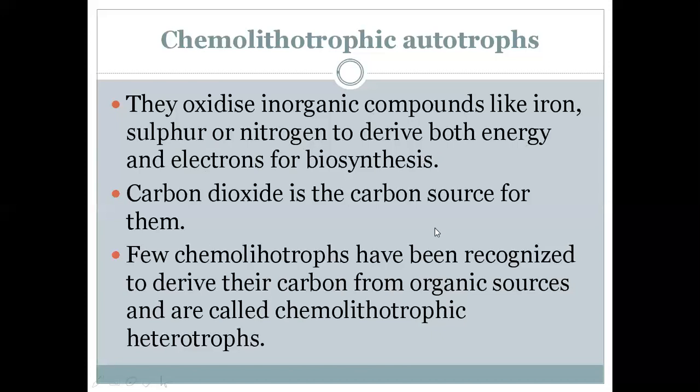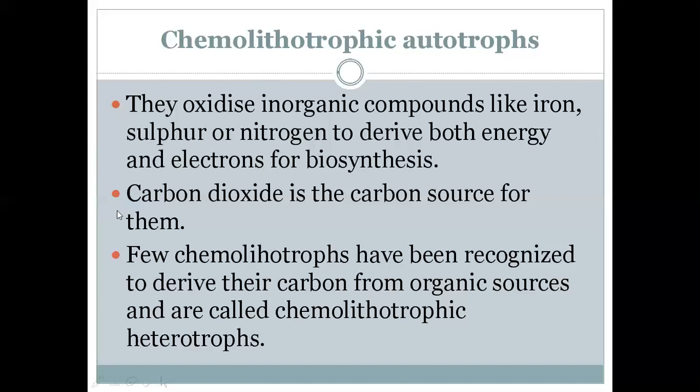So the carbon is taken from a carbon source, and a few chemolithotrophs have been recognized to derive their carbon from organic sources, and they are called chemolithotrophic heterotrophs. So in this category, we are seeing two types here. One is chemolithotrophic autotrophs, and the other is chemolithotrophic heterotrophs.